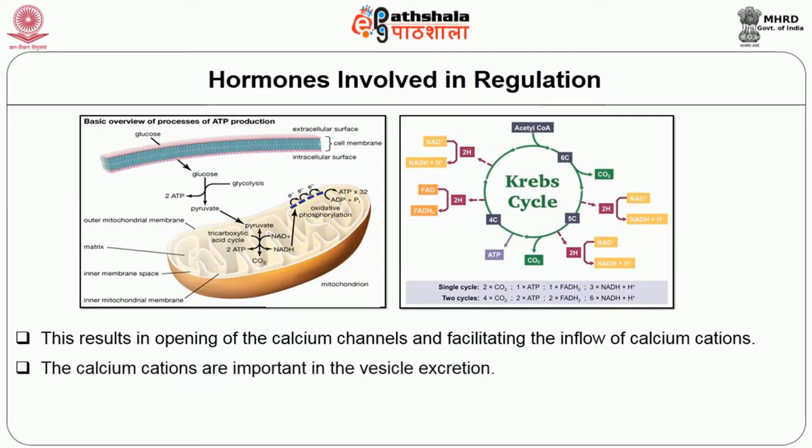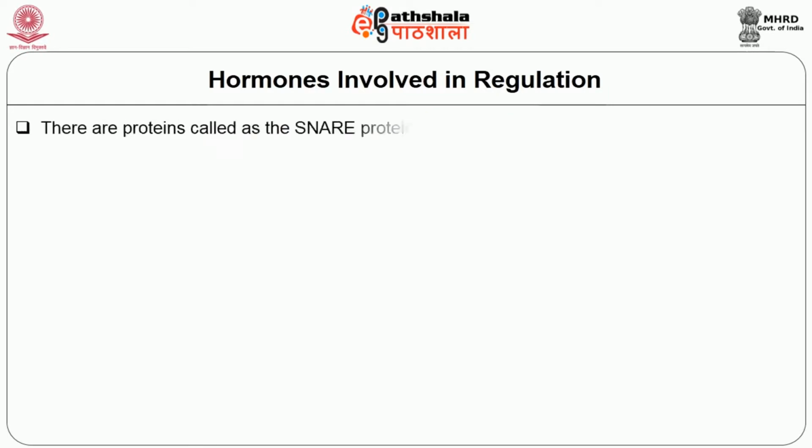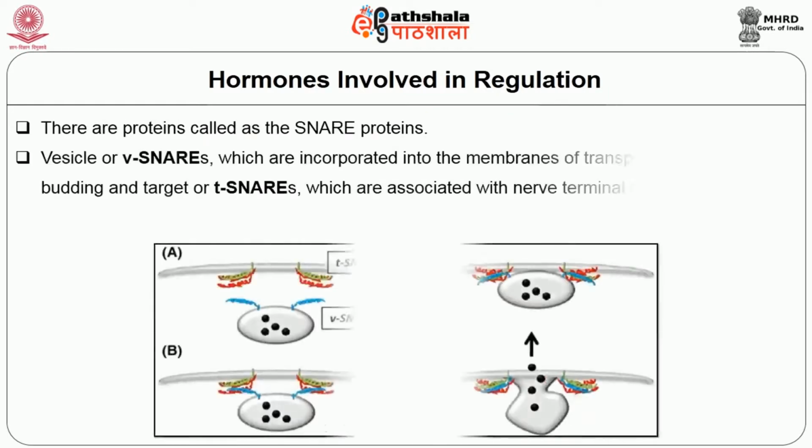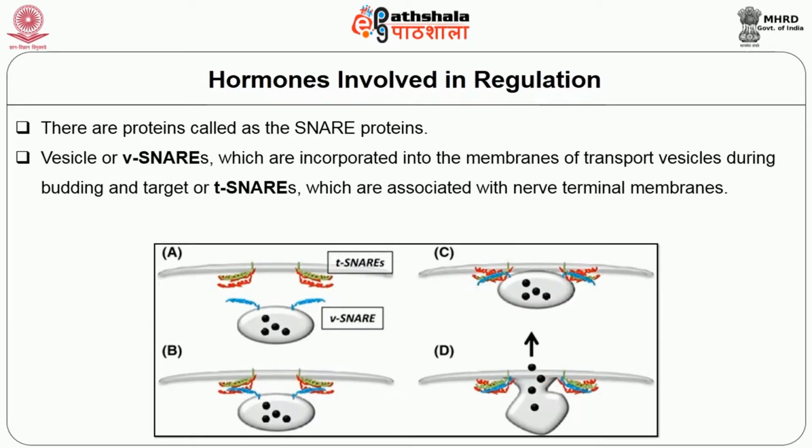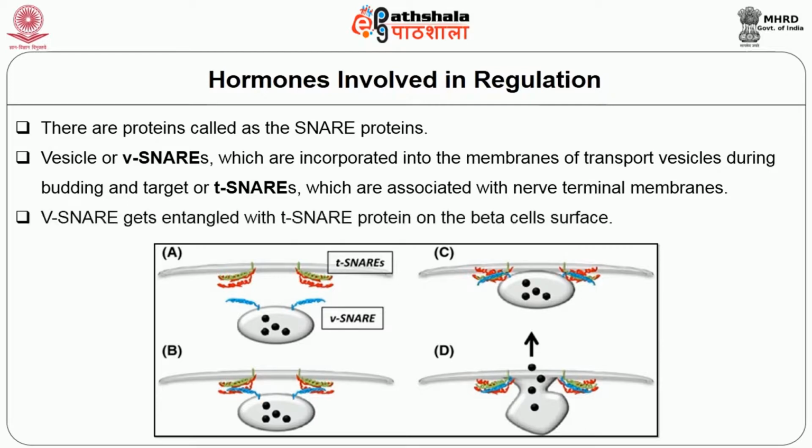The calcium cations are important in the vesicle excretion. There are proteins called as the snare proteins. Vesicles or V-snares, which are incorporated into the membranes of transport vesicles during budding, and target or T-snares, which are associated with nerve terminal membranes. V-snares get entangled with the T-snare protein on the beta cell surface.